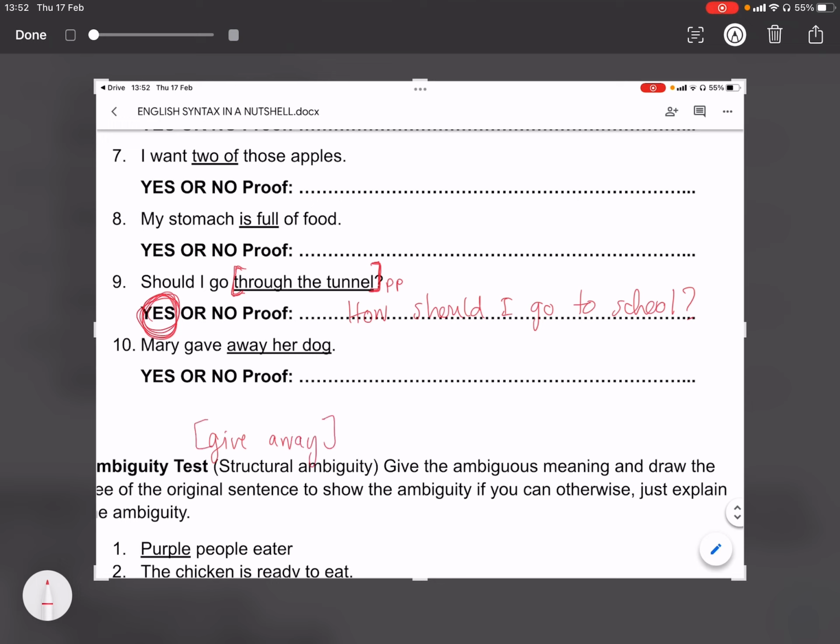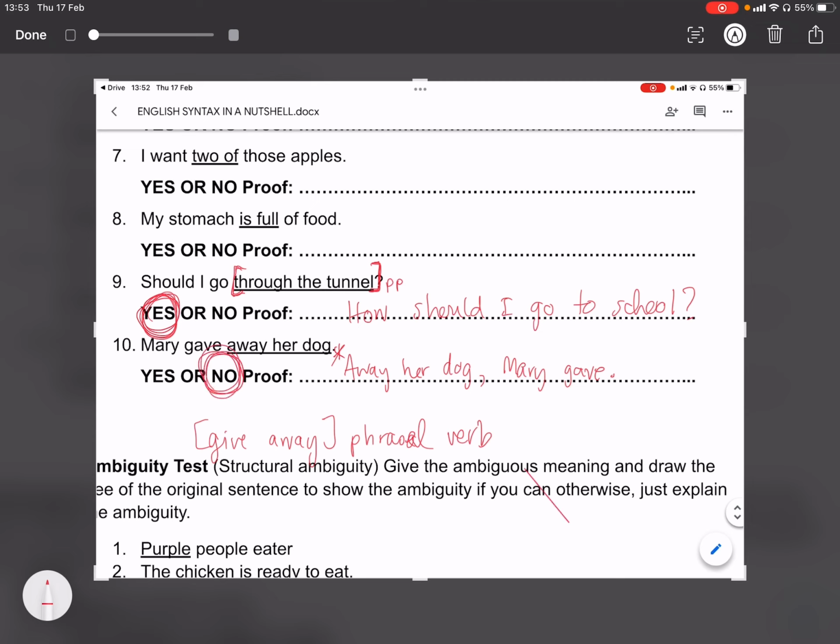It's a phrasal verb. Again, like run out of, a phrasal verb. If you move it in front, away her dog. So weird. Away her dog, Mary gave. Nobody says that ever. So you put a star in front and you put no.